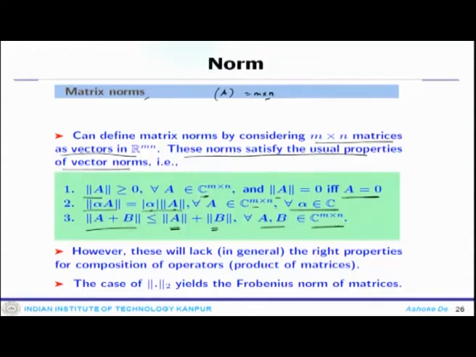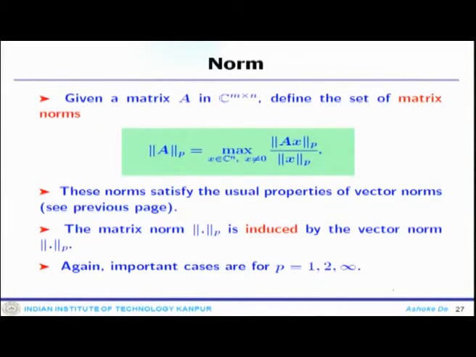However, in general this will lack the right properties for composition of operators, so essentially the product of matrices. The case where the dot product is used yields the Frobenius norm of the matrices.